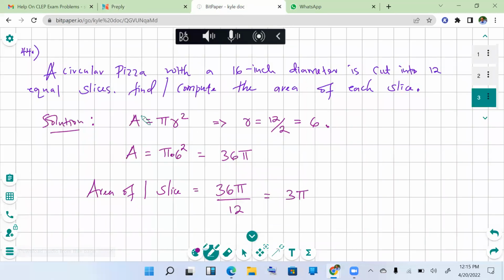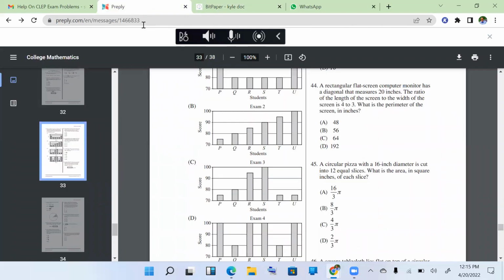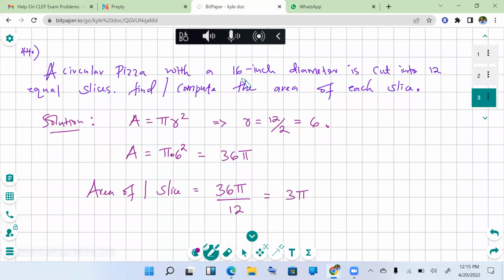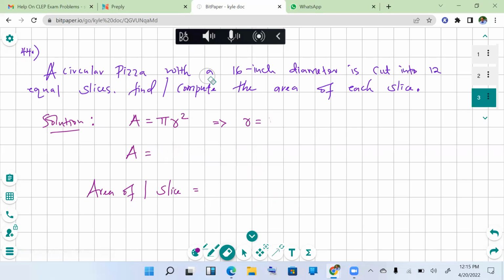Okay. Wait. The diameter was 16 inches. Sorry. Oh no. Okay. Let's repeat this process. The diameter was 16 inches. The diameter was not 12. I don't know where I got the 12.